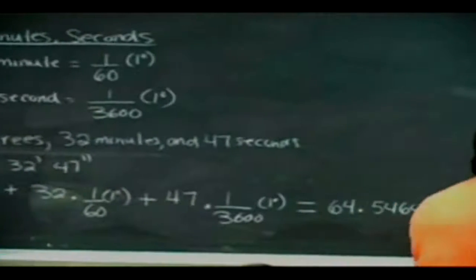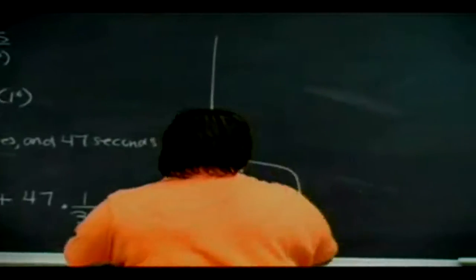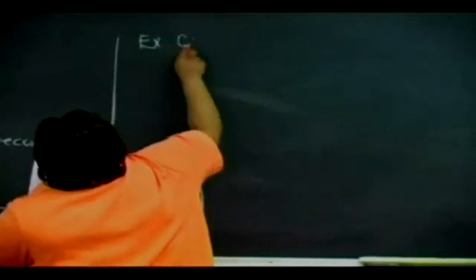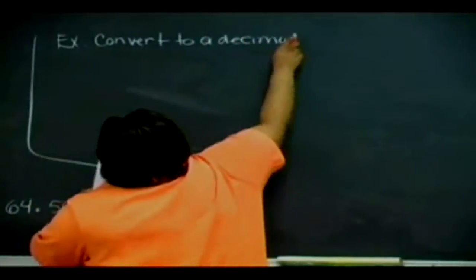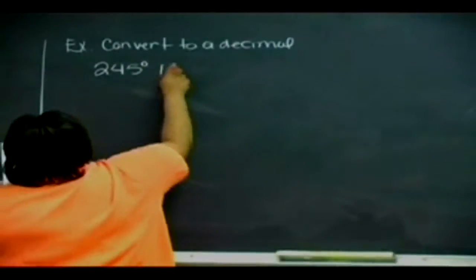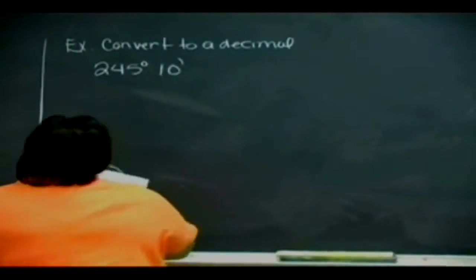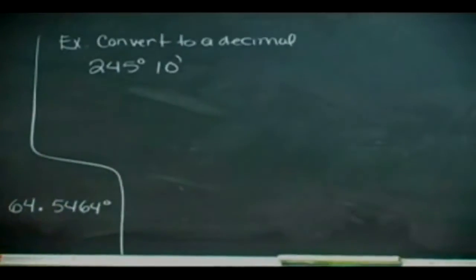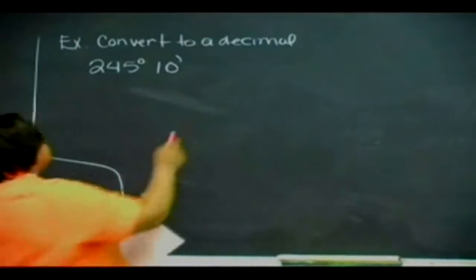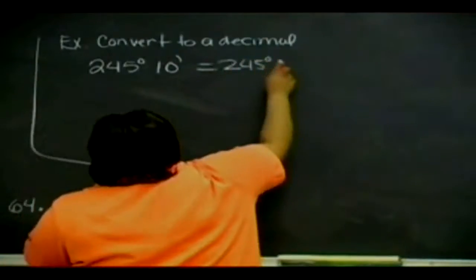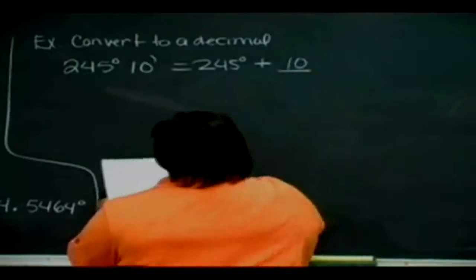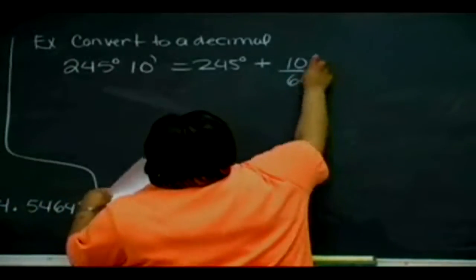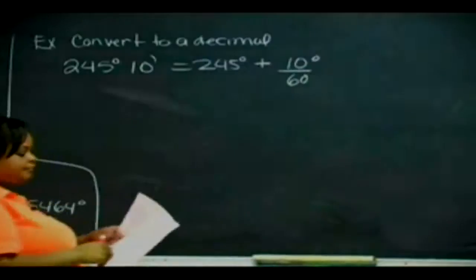Let's look at another problem, converting to decimal mode. Suppose we have 245 degrees and 10 minutes. Again, we have 245 degrees plus, since we're doing minutes, 10 over 60, and attach our degree symbol.